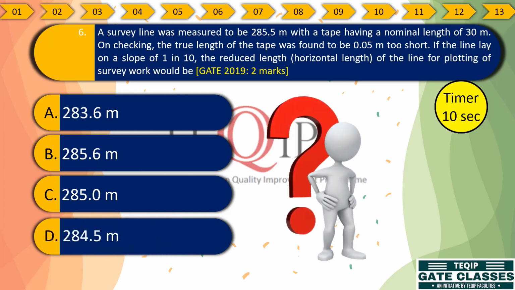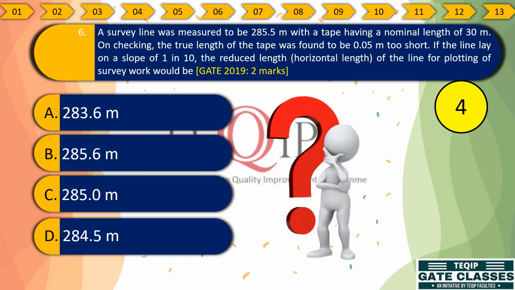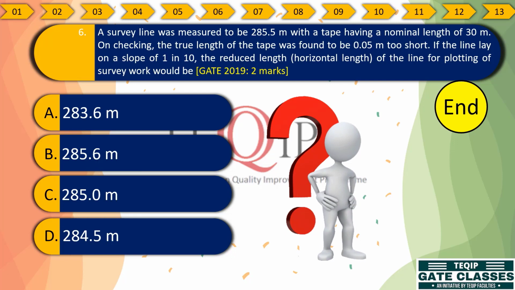This question comes from GATE 2019, which carried 2 marks. So your time starts now to answer the question. Apply the concepts you learned in your earlier classes. So time stop. Come to the explanation part.